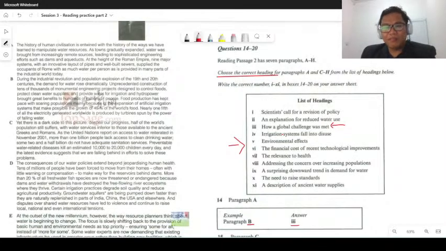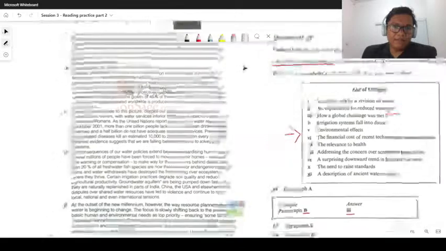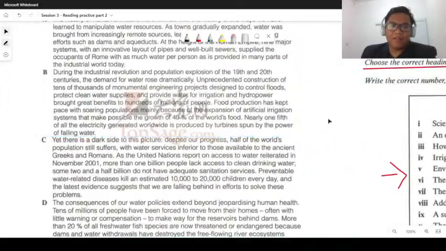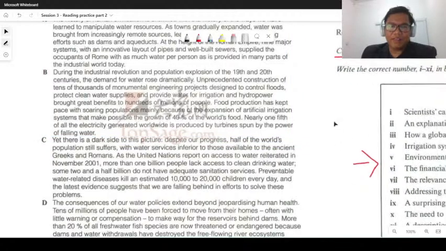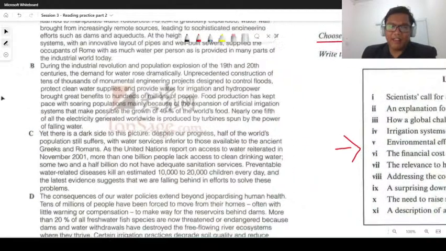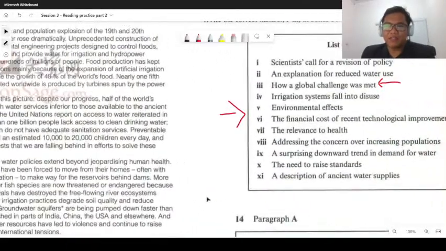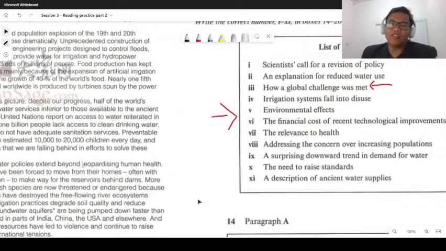All right, so now let's take a look at paragraph B. So I'm just going to zoom in. All right. And then we also need to take a look at what is the heading that the example said was the perfect choice. So, how a global challenge was met.